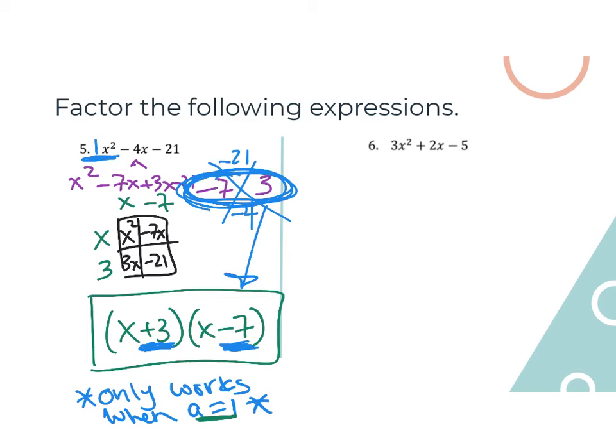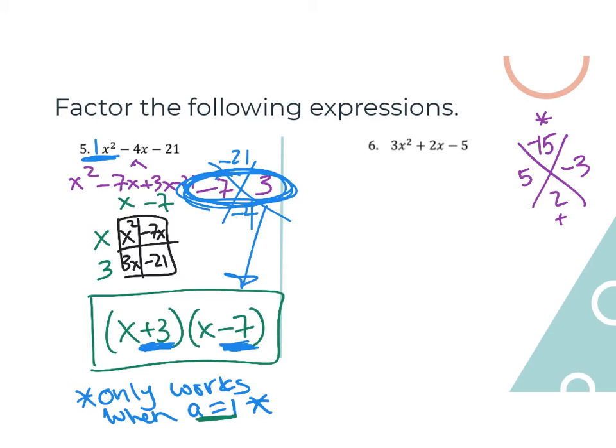Okay, so let's take a look at why. In number 6, I have 3x squared plus 2x minus 5. There's no GCF here, so there's no GCF I have to take out. This is a standard trinomial. I have a b term. When I set up my factor, 3 times negative 5 is negative 15. Middle term is 2. So a product of negative 15 and a sum of 2 would look like 5 and negative 3.